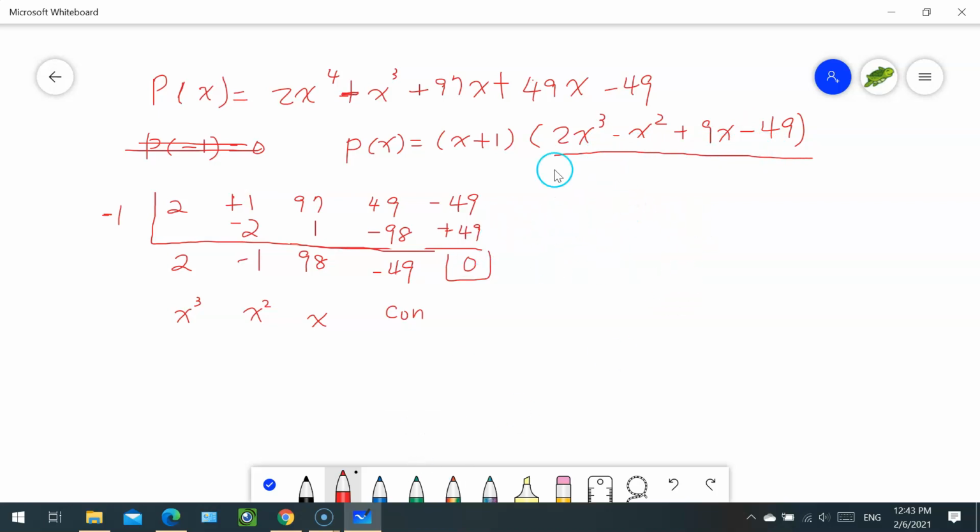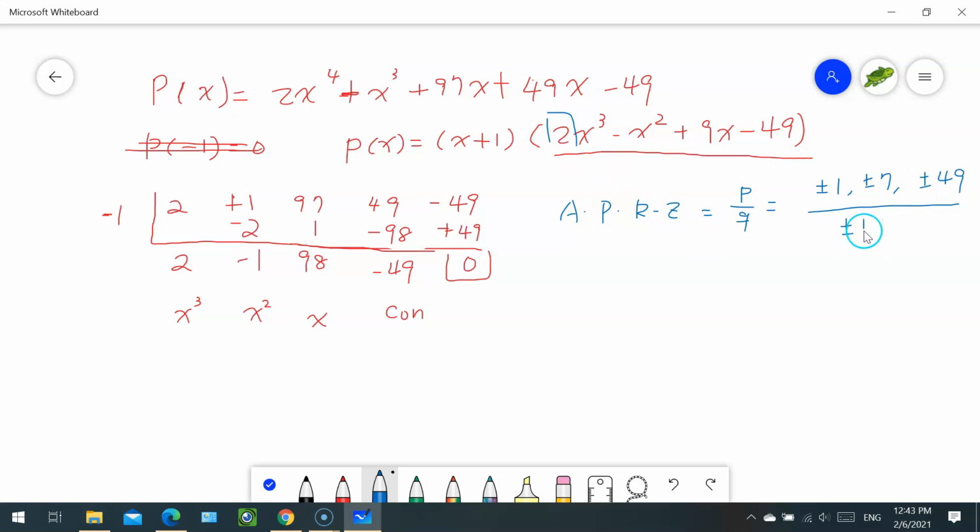So now I'm going to find all the possible rational zeros, p over q. Same way, the constant term has 49, so we will have 1, 7, and 49 over q, the leading coefficient term, so it has 1 and 2.